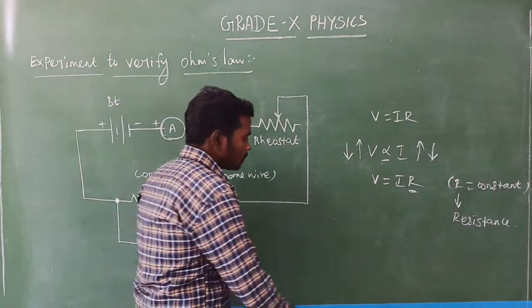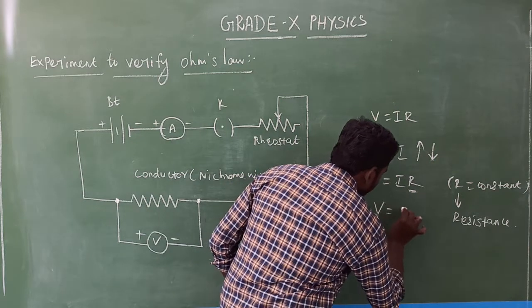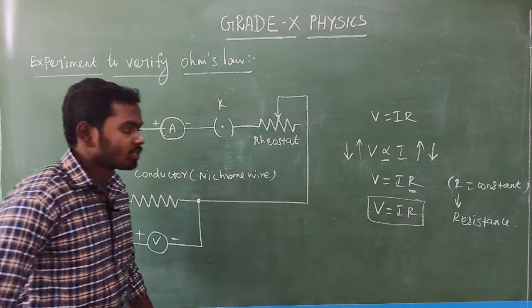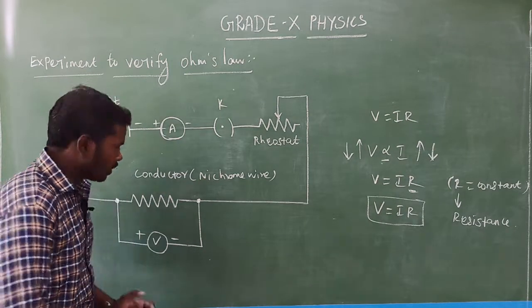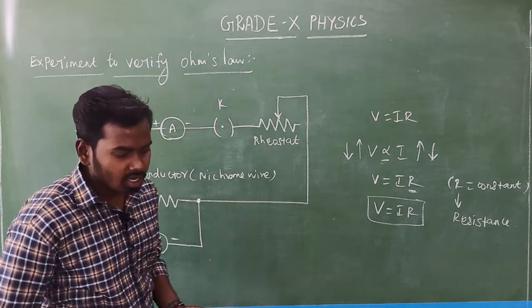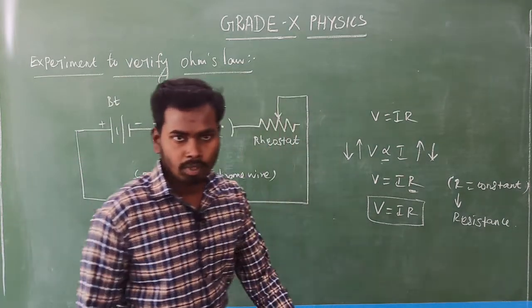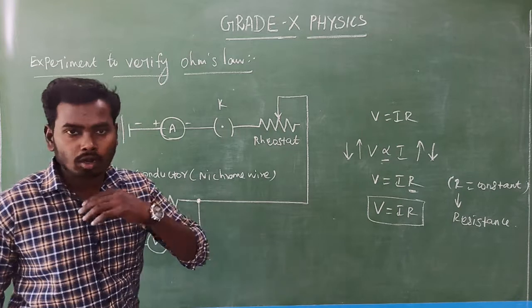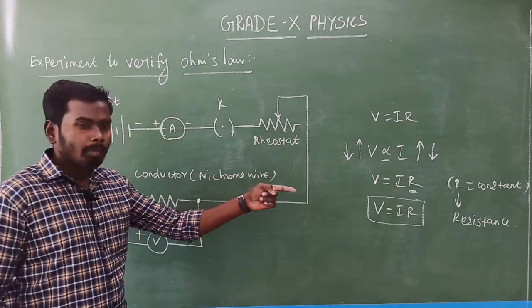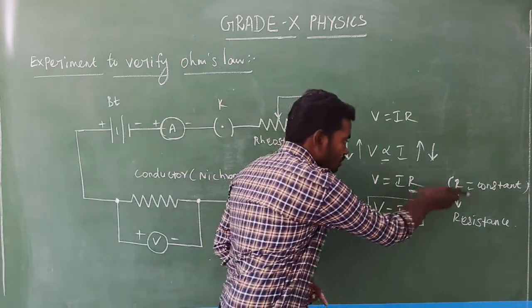So the Ohm's law will be V equals IR. R is the constant of this conductor. Whatever the potential difference and current flowing through it, this conductor's resistance will be constant. That is the reason why R is constant.